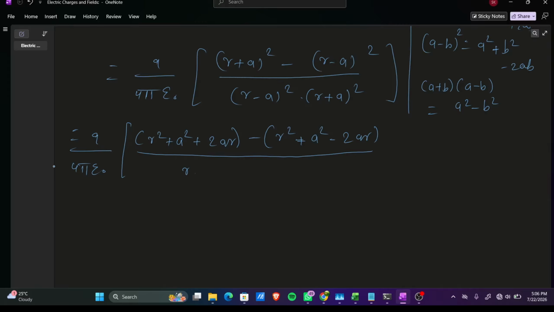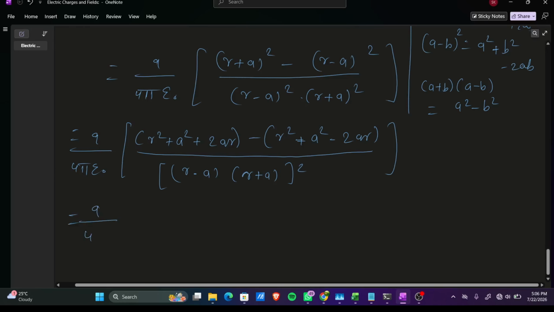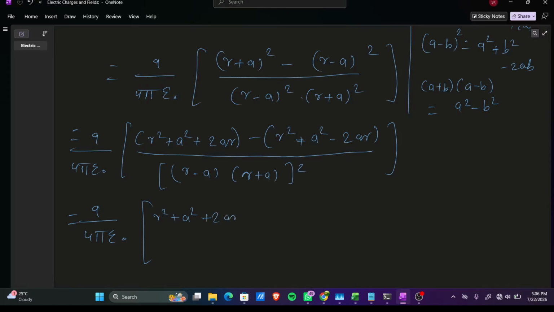So again, 1 upon 4 pi epsilon naught. So the r square plus a square plus 2ar minus r square minus a square. This minus minus will become plus, so 2ar. And for the denominator, a square minus b square, so (r square minus a square) the whole square.